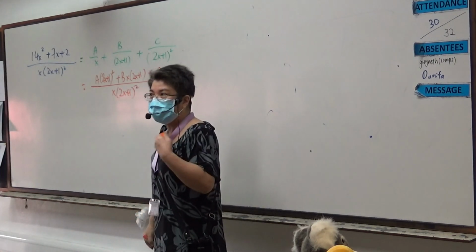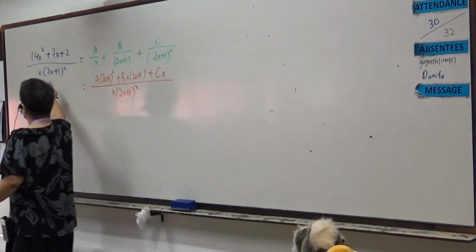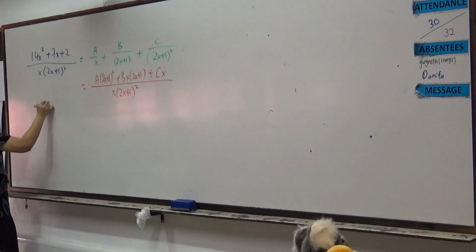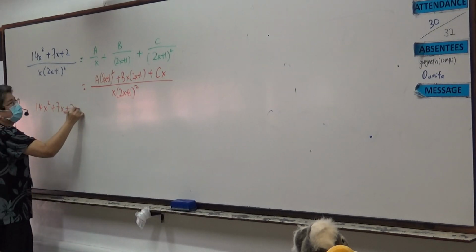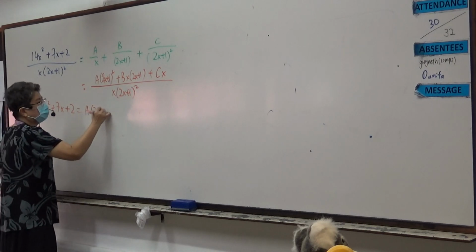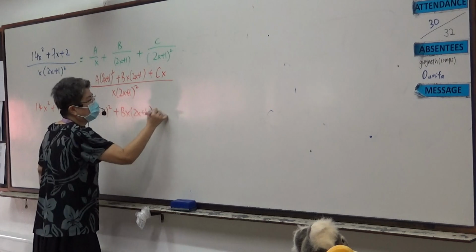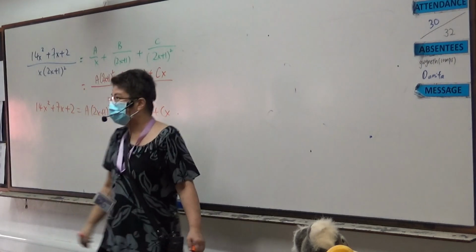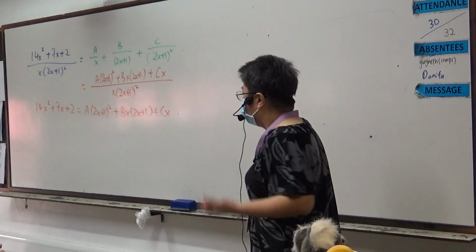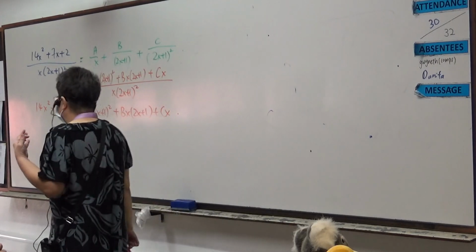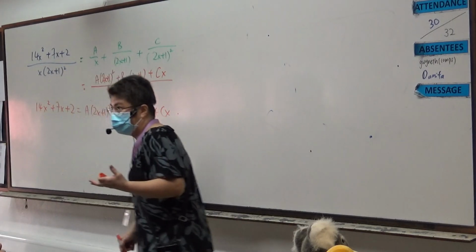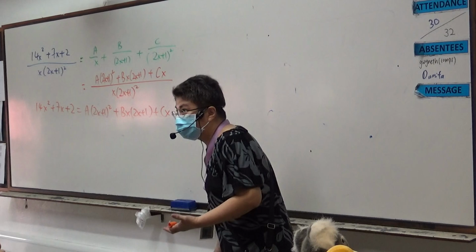Now, what have I done? The denominator is already the same. So, I have this. Are we clear? The numerator is the same. Then I will choose appropriate values to sub in.